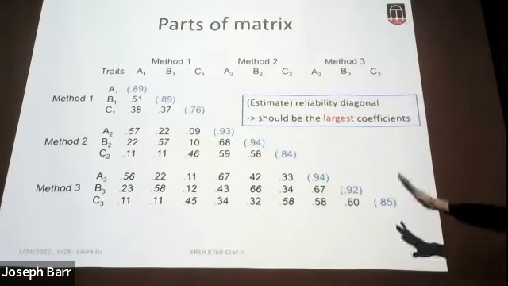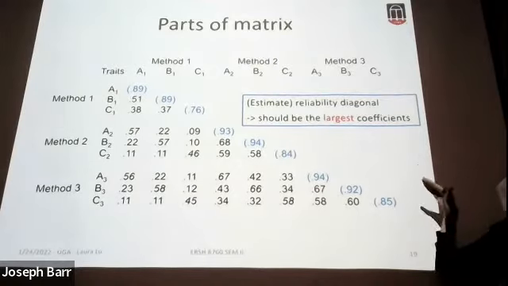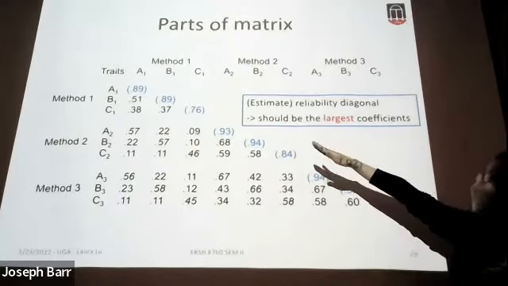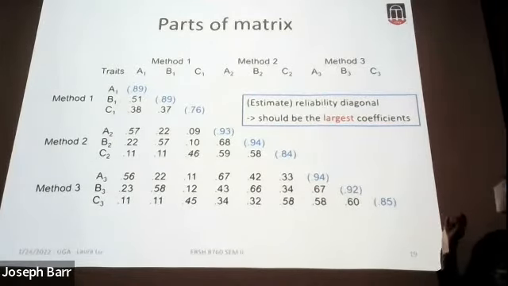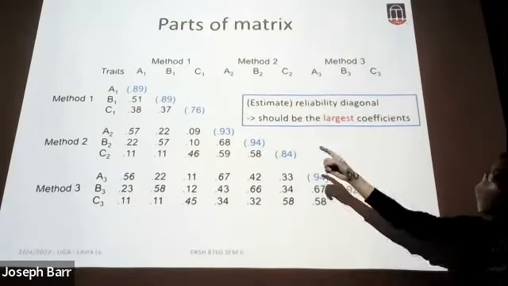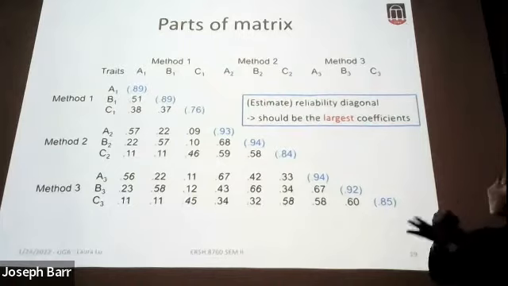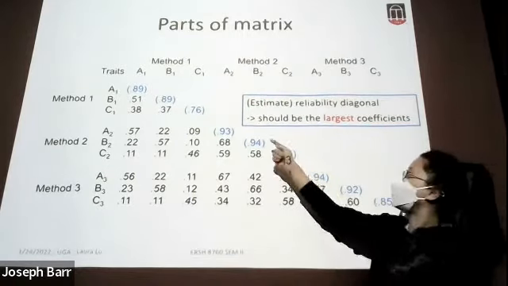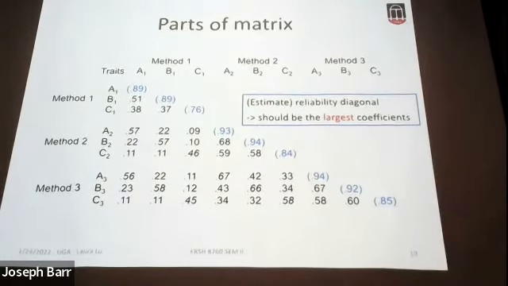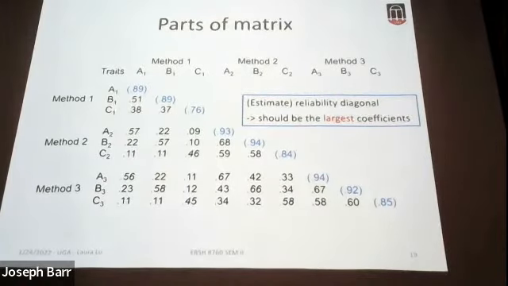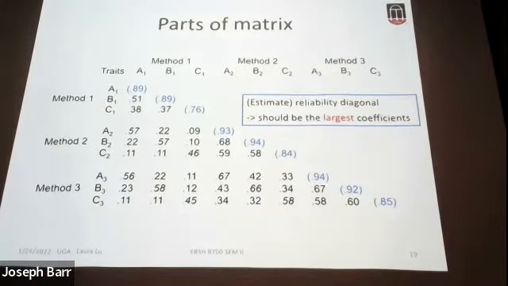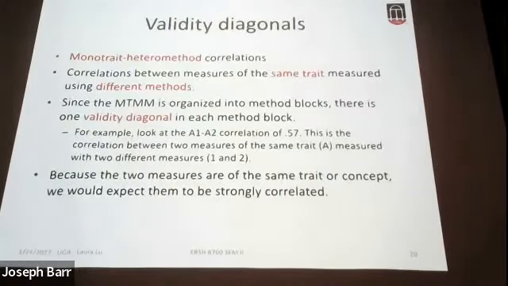Among all of these numbers, they should be the largest, because it's reliability: the same trait measured by the same method. So this number should always be the largest.